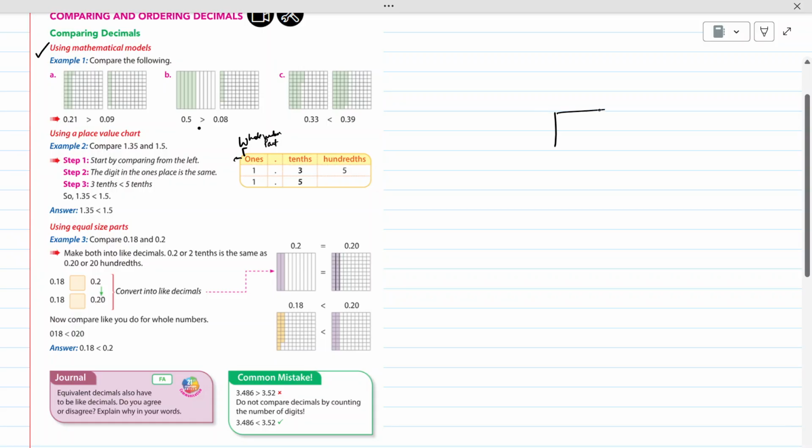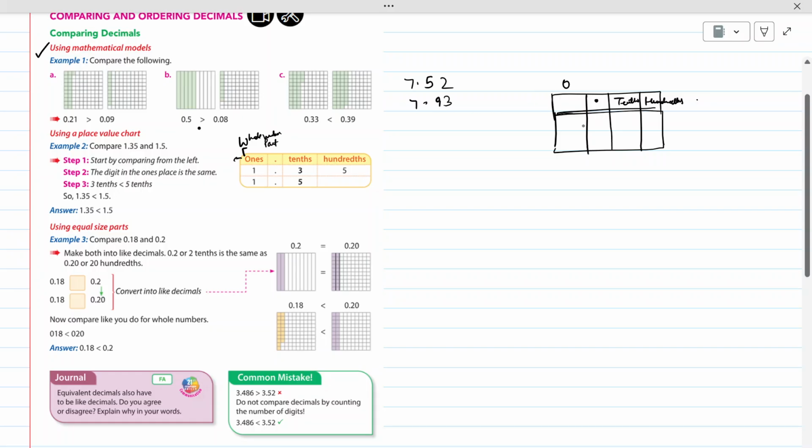I'm just taking an example here. This is ones, this is the decimal point, this is tenths, and this is hundredths.